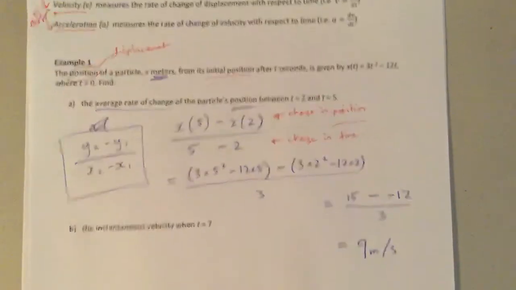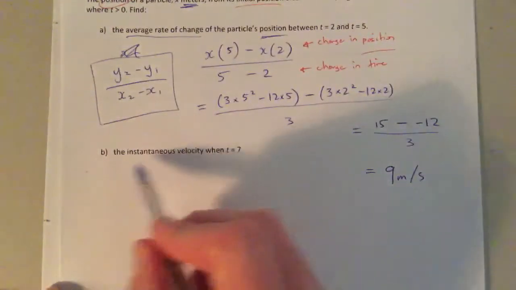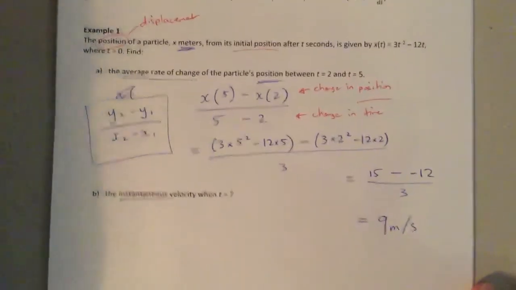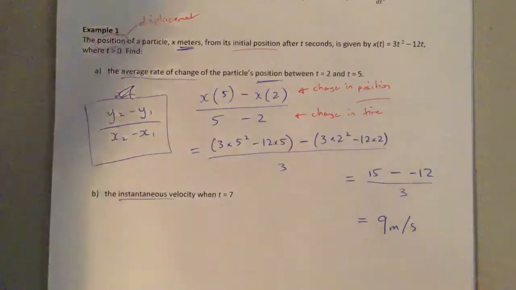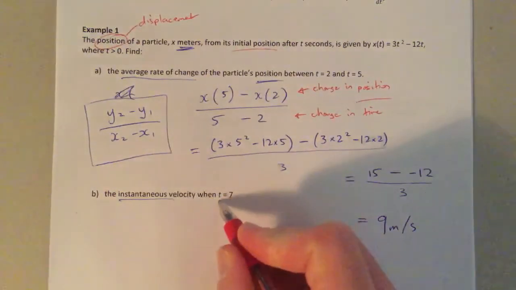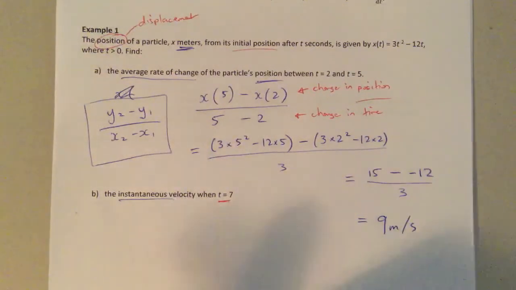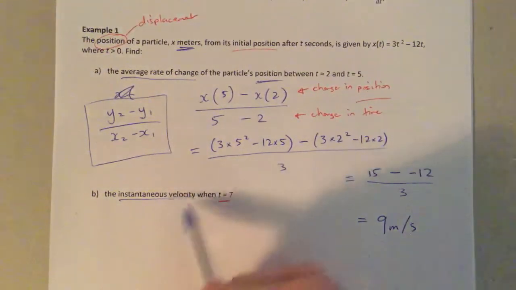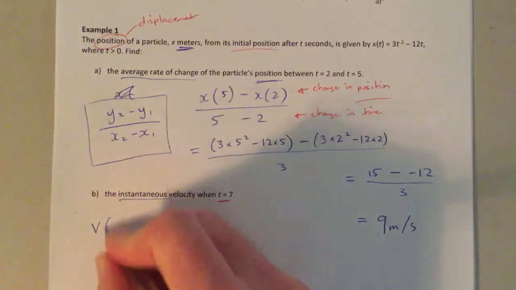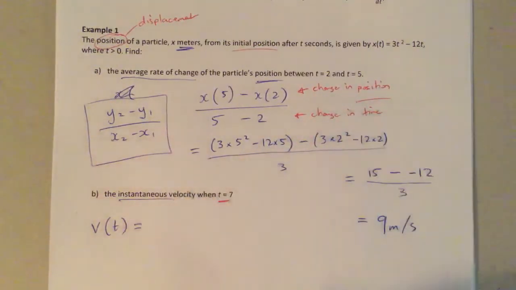equals 5. For the instantaneous velocity, that's where we're going to use our derivative, right? Because we're not interested in the velocity over a period of time. We're interested in the velocity at a specific time, in this case t equals 7. And so because we now want to find out an instantaneous velocity, we need the rule for velocity. And the rule for velocity is the derivative of the rule for displacement.